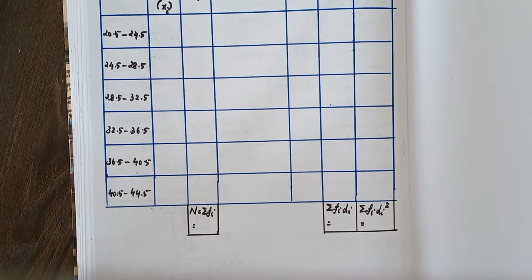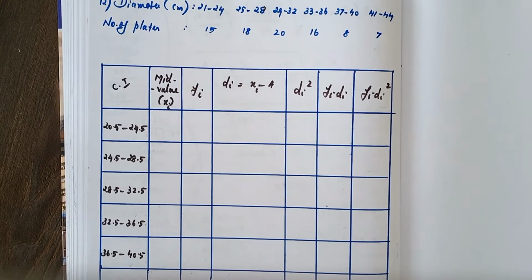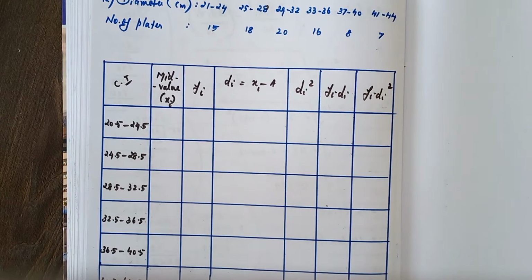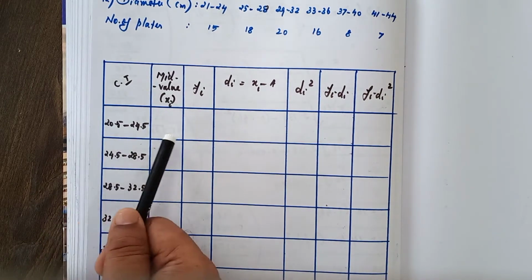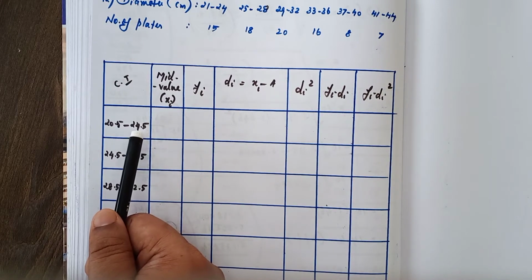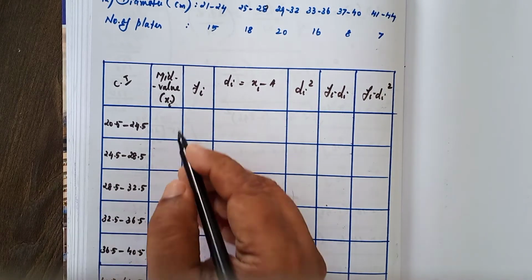Right now, we have to find the mid value. For 20.5 and 24.5, to get the middle number, just add the two numbers. If we add, you will get 45. 45 divided by 2 is equal to 22.5. That is the middle number.